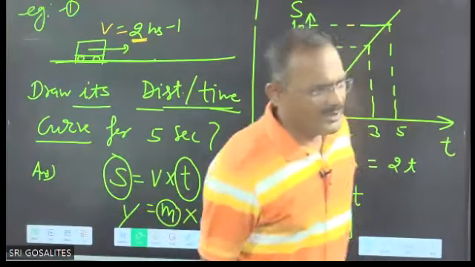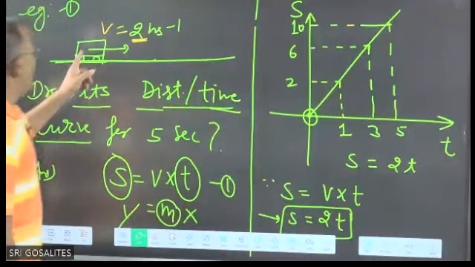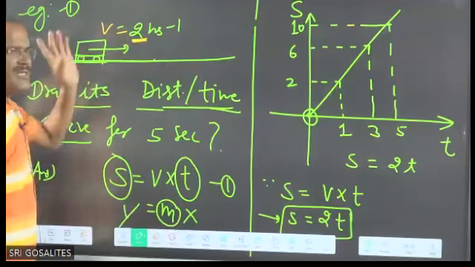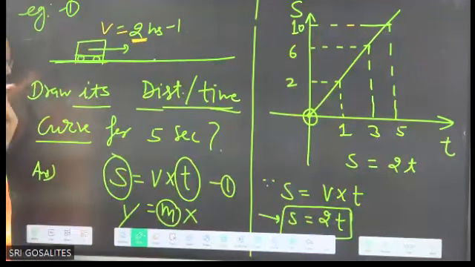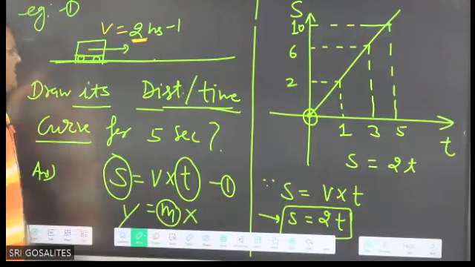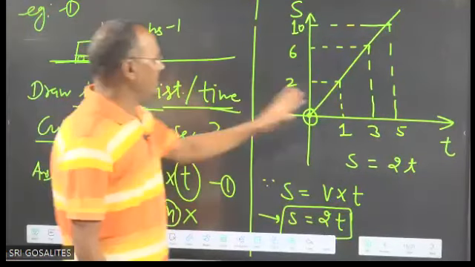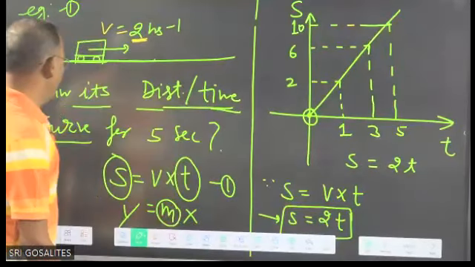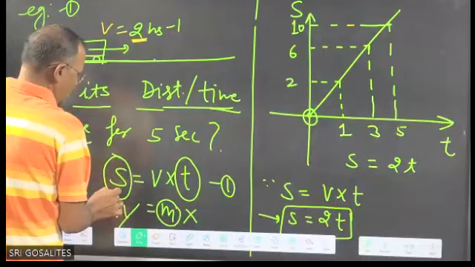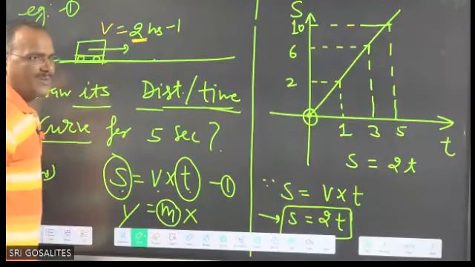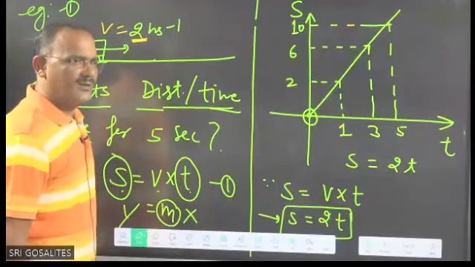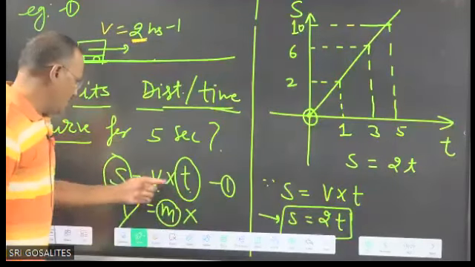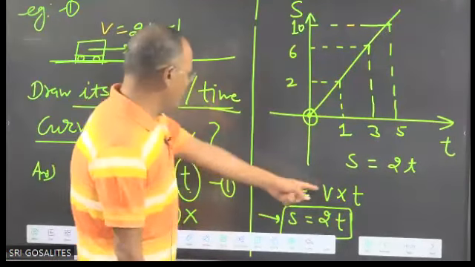Don't worry. Okay. There is a car moving with the speed of 2 meters per second on a road. Draw its distance time curve. Means how the distance will be plotted with the time. In how much time, how much distance will it cover? So we need a formula. Distance is speed into time. Okay, fine. So speed into time, what is s?